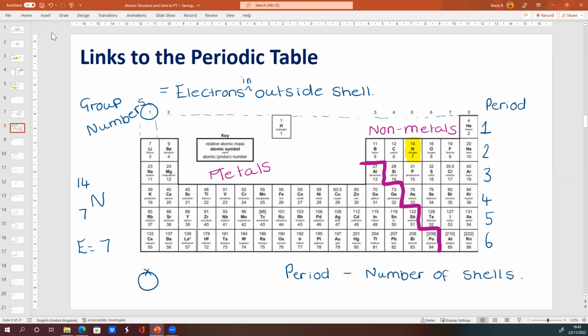We've got 2 in the first shell. I've got to move into my next shell. I've got 2 already, so therefore I need 5 in here. So based on what I've just said, if the group number is the electrons in the outside shell, it should be in group 1, 2, 3, 4, 5, and it's got 2 shells, so it should be in period 2. Let's have a look. Group 5, period 2.